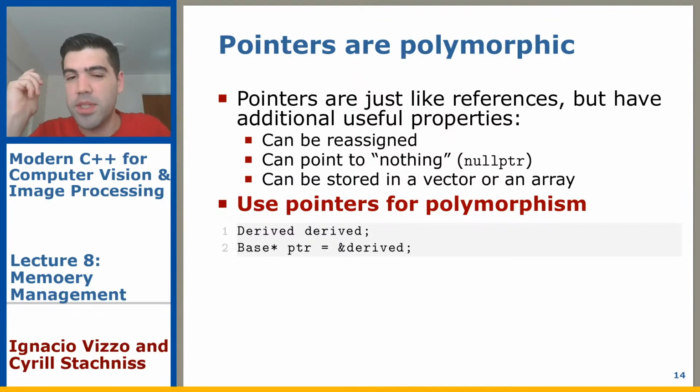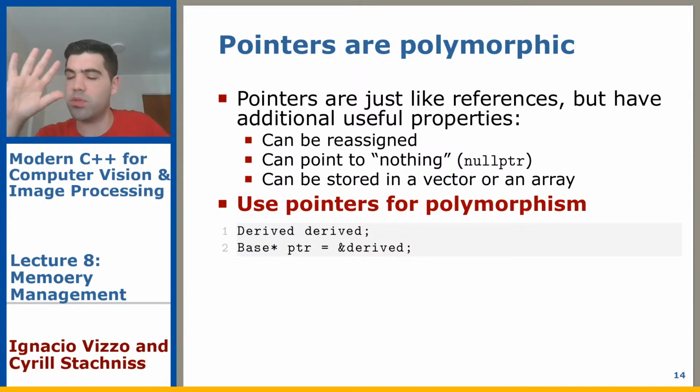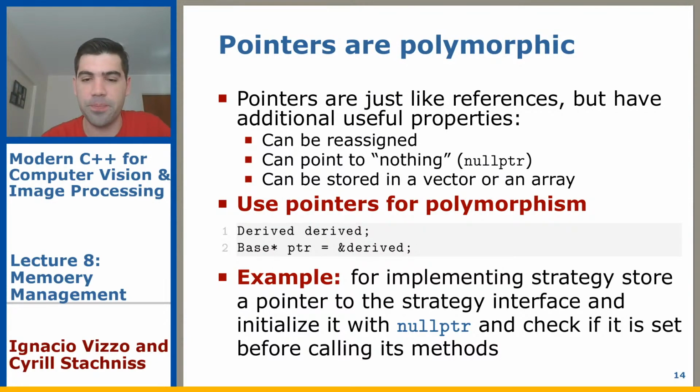And the reason you want to do this is because you want your programs to be polymorphic, and maybe you want to work on pointers of geometry 2D types to do some sort of operation, and you don't want to worry about whether this is an image or any other type of variable. So as an example, for implementing the strategy pattern, you would store a pointer to the strategy interface, initialize it with a null pointer, and check if this is set before calling any of the methods.